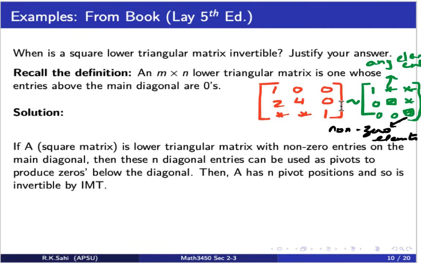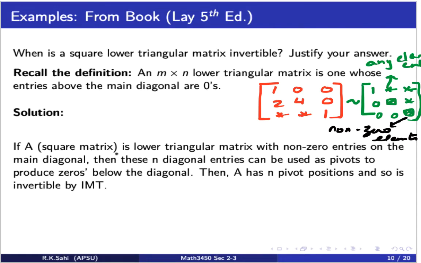So the idea is if we are given a lower triangular matrix with non-zero diagonal entries, we apply a row reduction algorithm and we get an echelon form of it. In a previous video, we talked about how a square upper triangular matrix with non-zero elements on the diagonal is invertible.